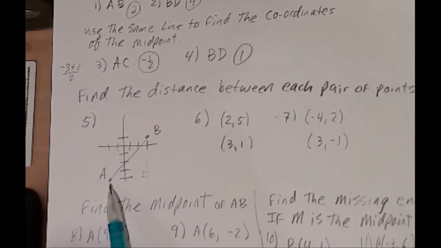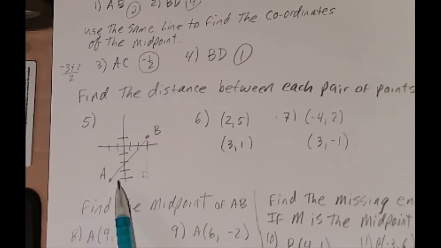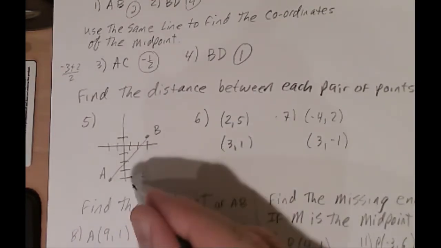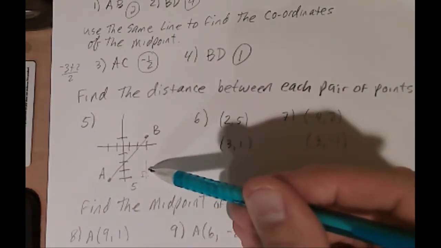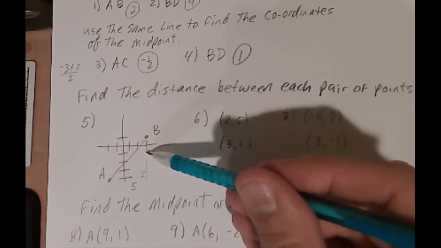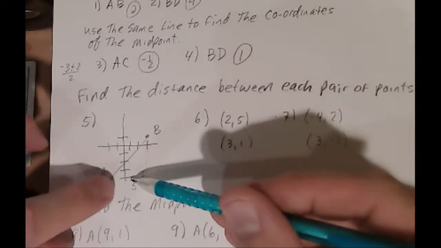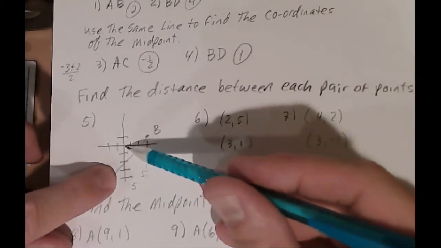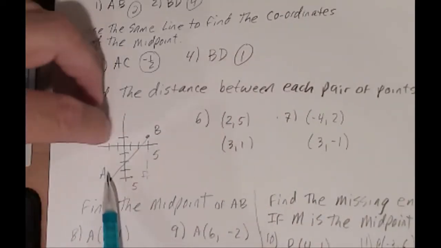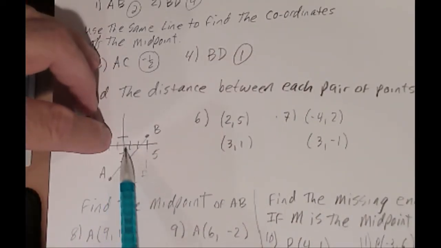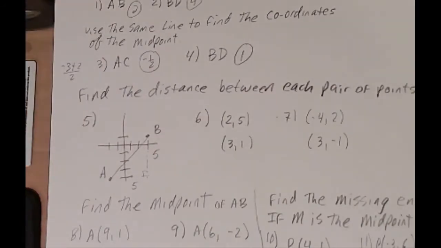And I can say from A coming over, it's 1, 2, 3, 4, 5 down here. Then going up, you can see it's 1, 2, 3, 4, 5. Going up. Did I count it right on the way over? 1, 2, 3, 4, 5. Yep, pair of 5s.